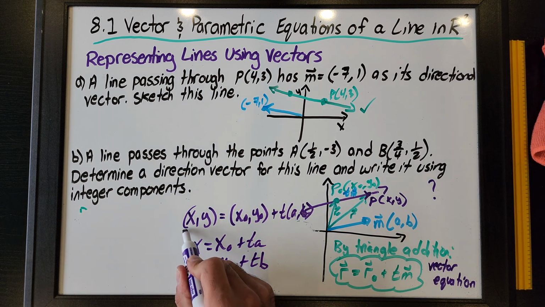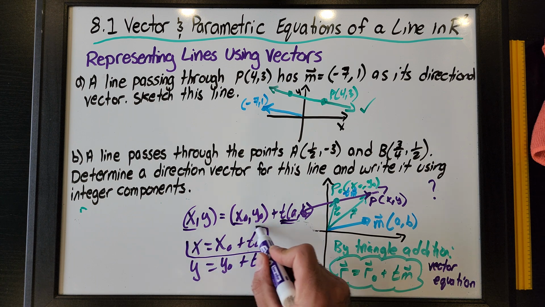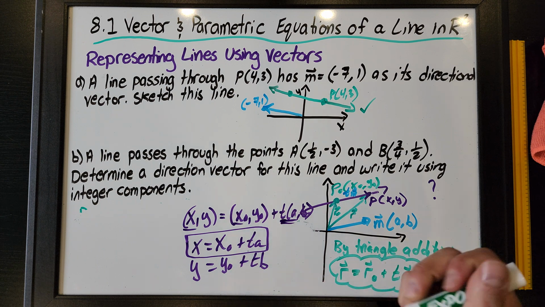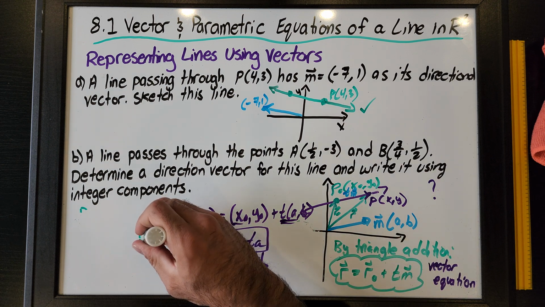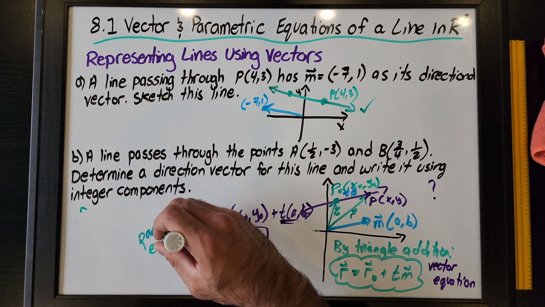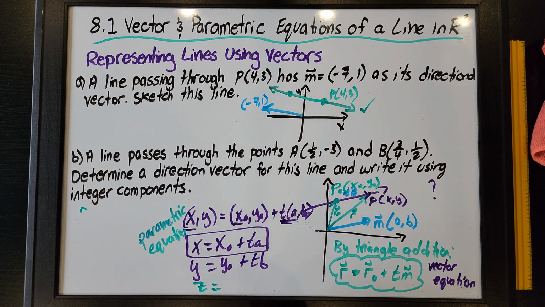So what does this mean? This means that I'm just isolating the x values and coming up with a parameter for x. And when I separate x, y, and z, these are called parametric equations. Once we have z too, we're going to include another parametric equation for z.